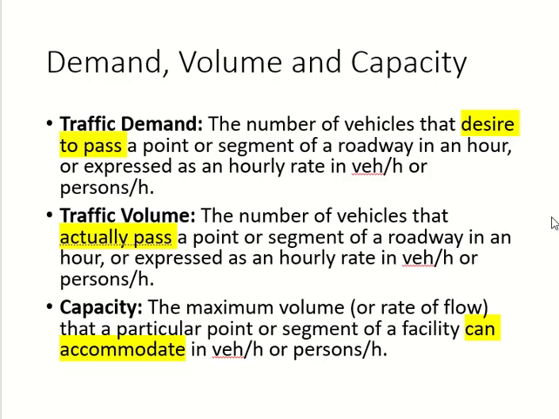So you understand these things, right? Which one of them is a constant? Volume or capacity? Capacity. Okay, capacity is the constant. The design of the highway will not change. You calculate a number here, right? In the previous example, we calculated 1,700 something, right? This number will not change.